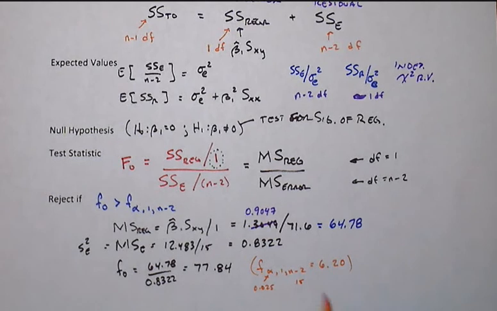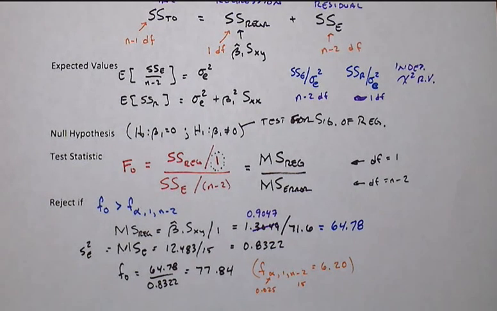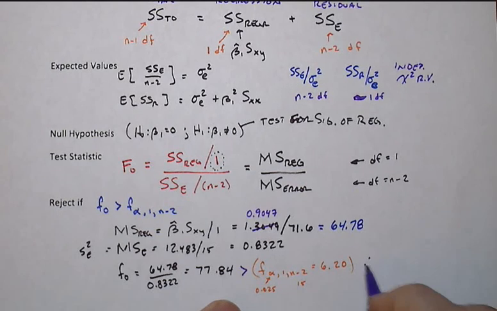And so clearly F naught, our statistic, is outside of that, so I know we were doing a two-sided deal here, but we've already found that it's outside. We don't have to go look at the lower bound, and therefore we reject our null hypothesis. Right?